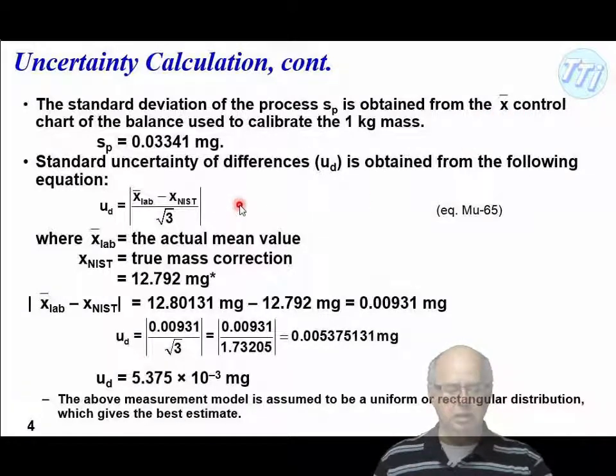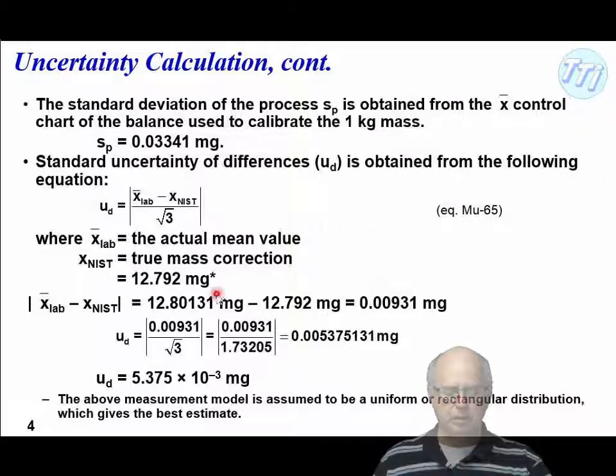So using the standard uncertainty differences now, we are recommended by NIST to do this, which is to take the average from the lab minus the average from the NIST standard for the standard and divide by √3. That √3 is very comparable to the √3 we used when we looked at the scale resolution.